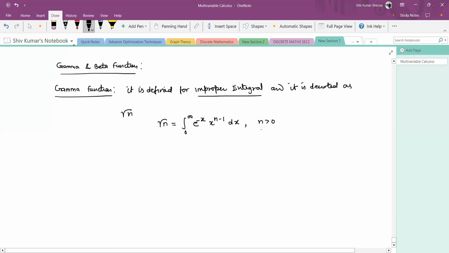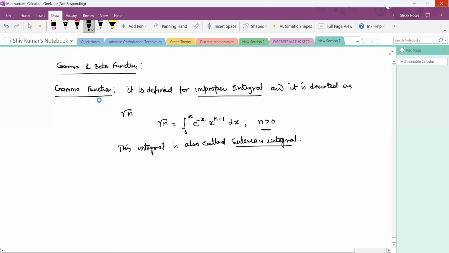This integral is also called Eulerian integral. So this is the basic definition of gamma function.